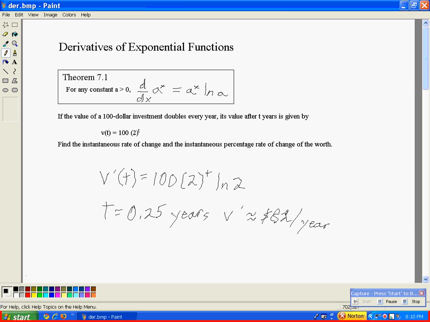It'll have an $82 per year increase at that given moment.